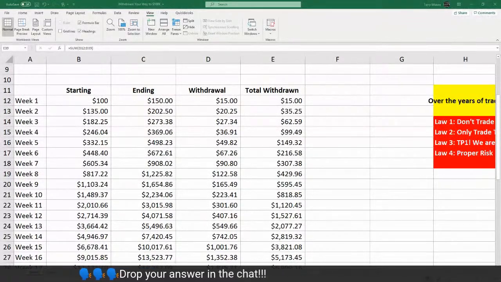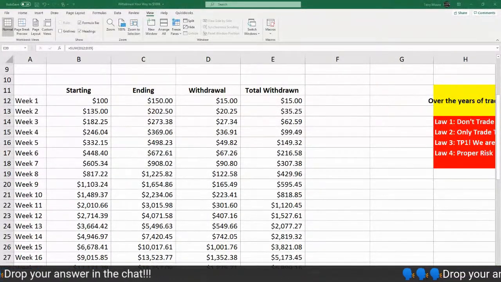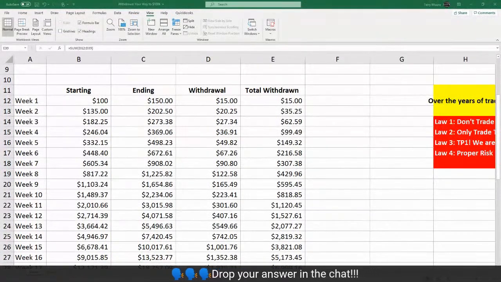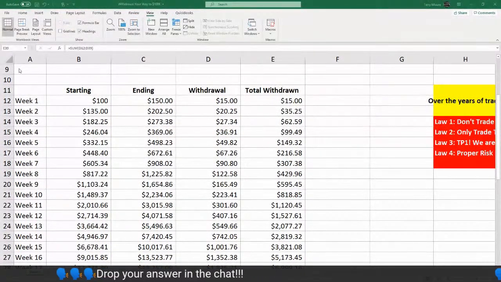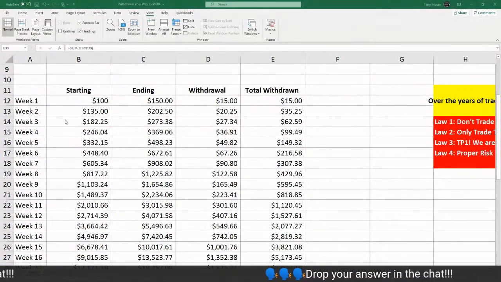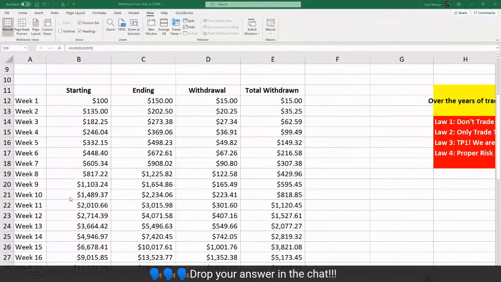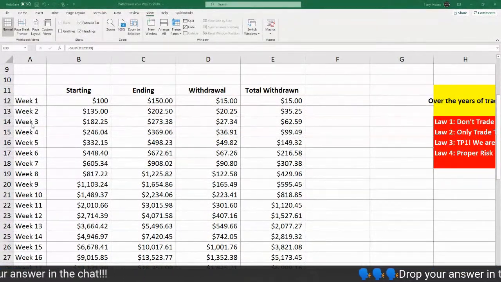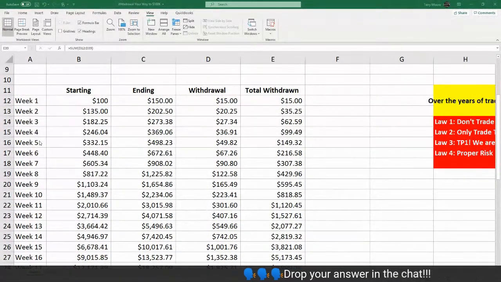Probably $100, maybe 98, 87, 55, right? So having the ability and the skill set to grow your account by 50% is definitely a good skill set to have. So let's just bounce down to week number 12, which would be the first month.